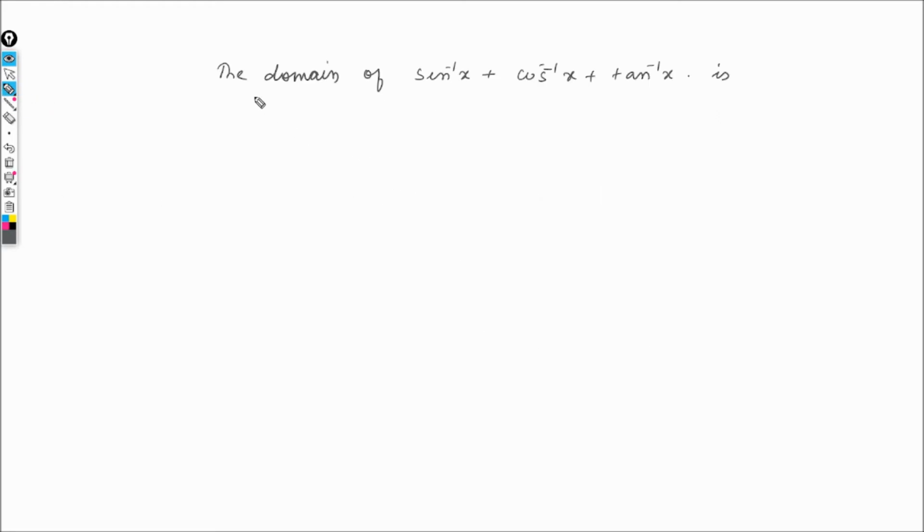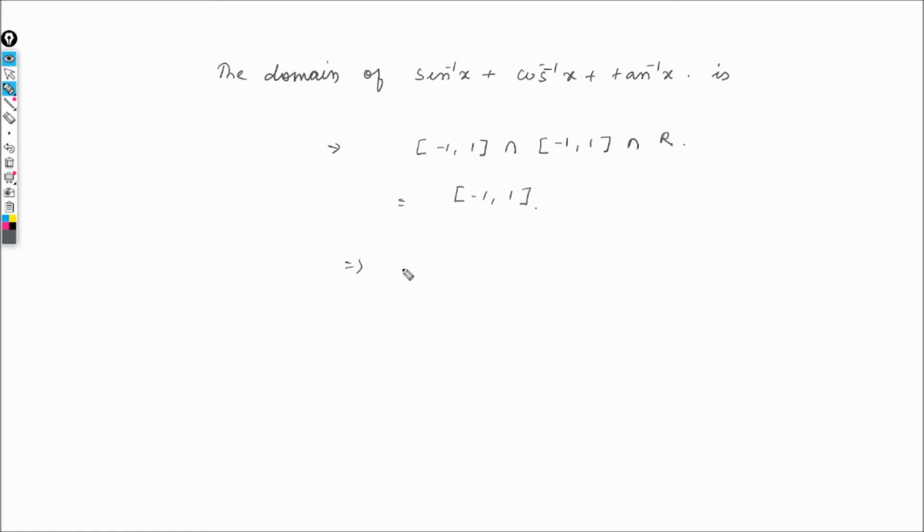So let us understand one more important question. The domain of sine inverse x plus cos inverse x plus tan inverse x. So here, student, we can write the domain of the sine inverse function is the closed interval minus 1, 1. Plus means we'll take the intersection. Its domain is minus 1, 1. And the domain of this tan inverse function is the set of real numbers. So the common interval between these three intervals is minus 1, 1.